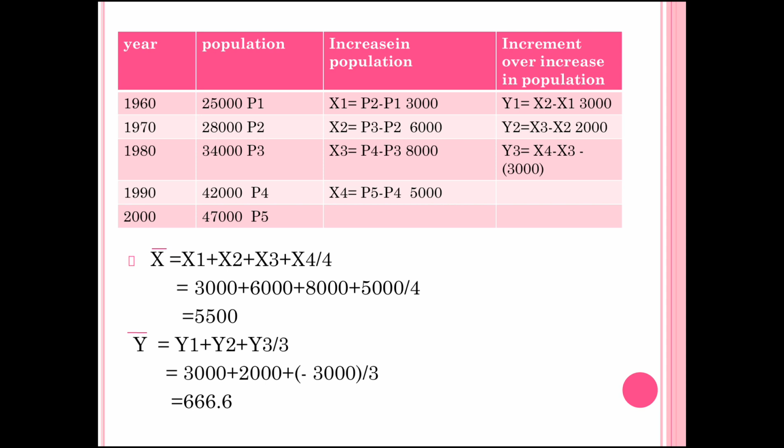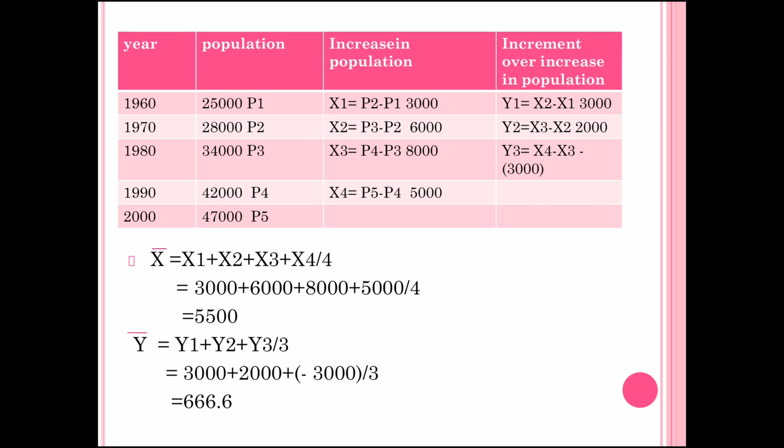x1 is calculated by P2 minus P1, then x2 is equal to P3 minus P2, x3 is equal to P4 minus P3, x4 is equal to P5 minus P4. These are the increases in population. Now we have to calculate the incremental increase over the increase in population.